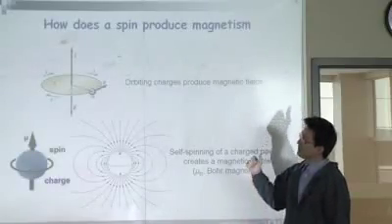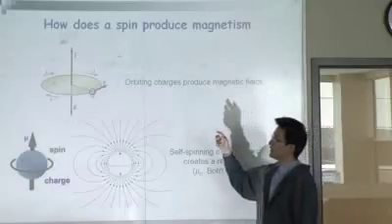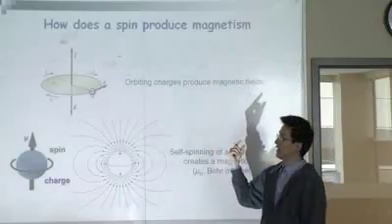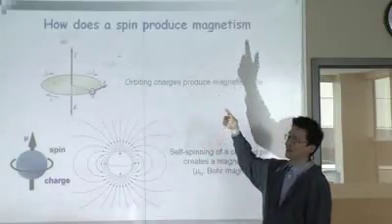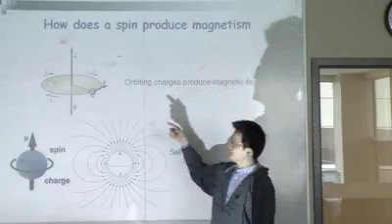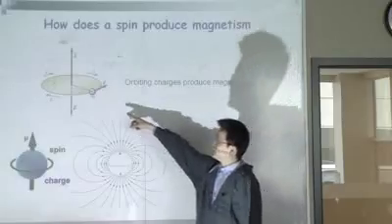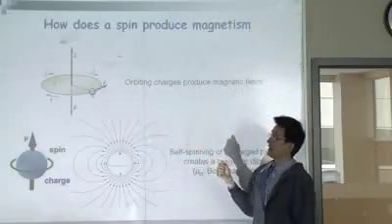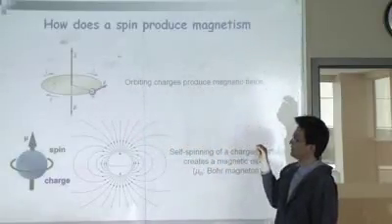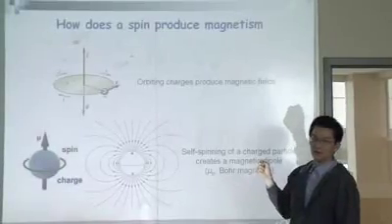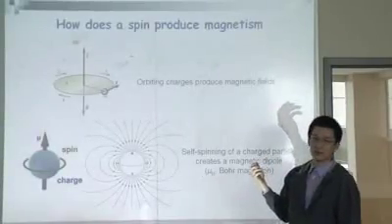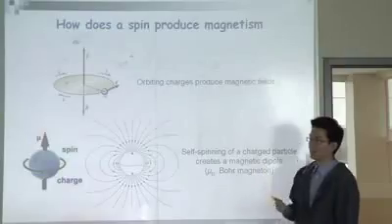So suppose in the macroscopic world, if we have a charge moving around an axis, it will produce a magnetic field. This magnetic field will be opposite to the direction of the angular momentum if the charge of the particle is negative. So we can see that the angular momentum of a charged particle can produce a magnetic moment.